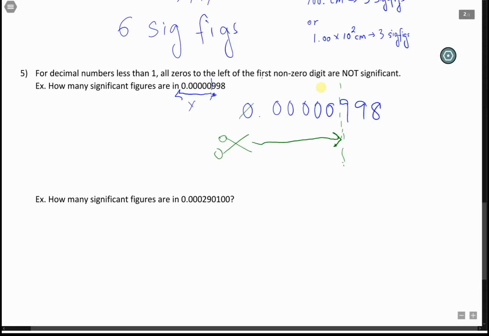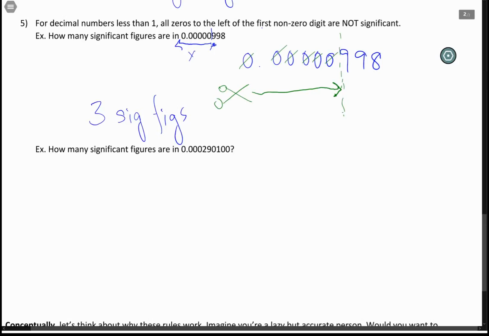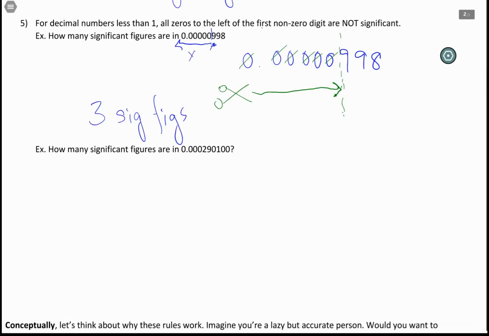So in this case, we take away all these zeros. These are not significant, and as a result, we're left with 3 sig figs. Yummy figs. Alrighty, here's a chance to pause the video and try the next example on your own.